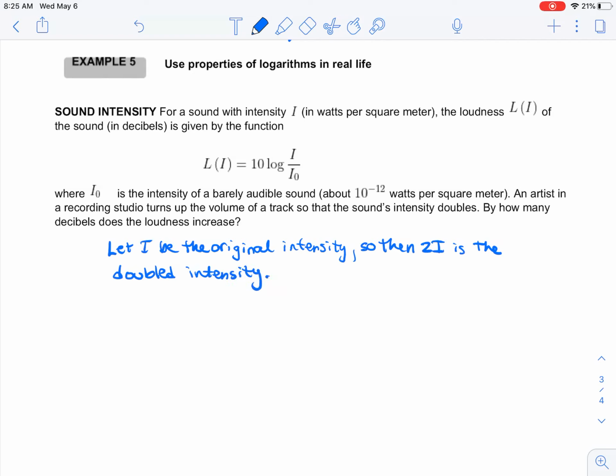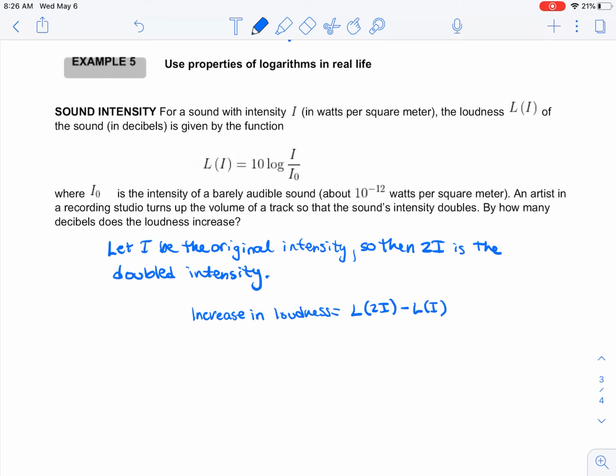So that lets us then write this. We can say increase in loudness is equal to L of 2I minus L of I. Okay, so that's using this function, but instead of putting I, I'm going to put 2I, right?